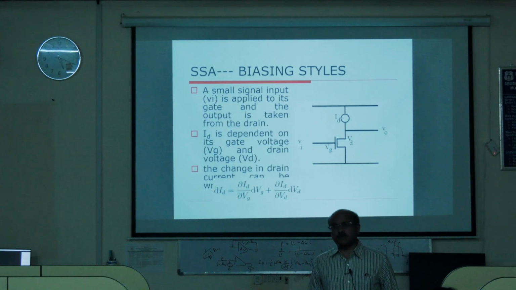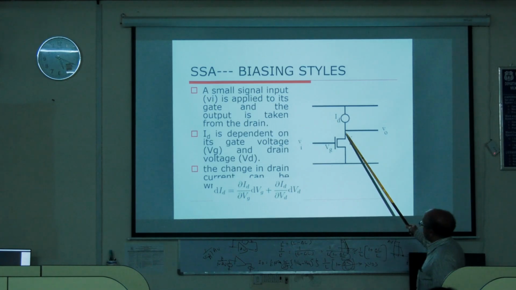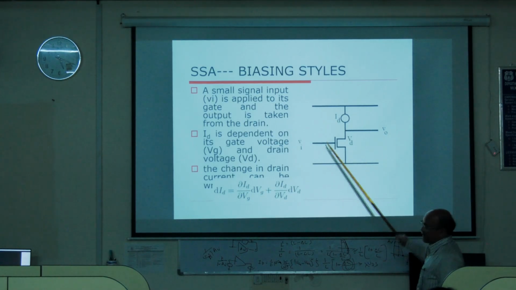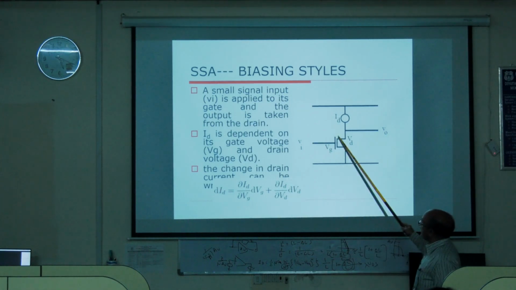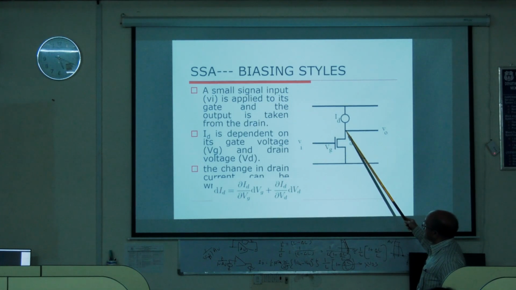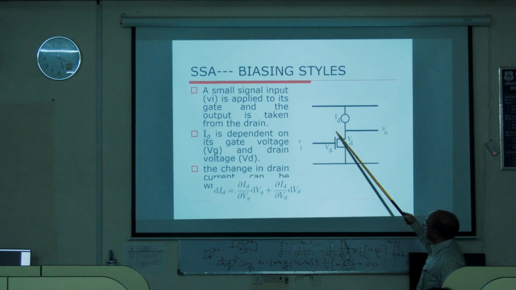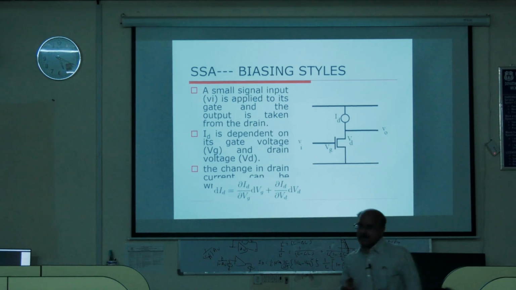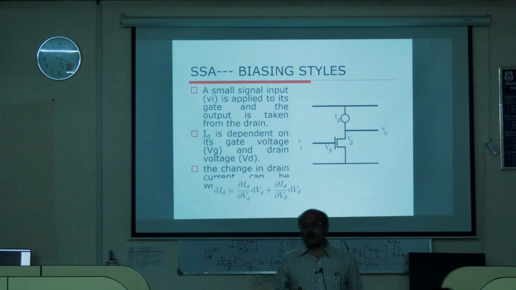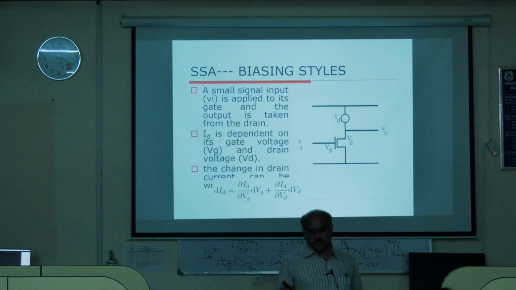So what is to be done is, since the capacitance is between the output and the input, somehow you have to resolve it. Probably don't take the output from here, take it somewhere else and isolate the output node and the input node. Who will come to our rescue in MOSFET technology or circuits?